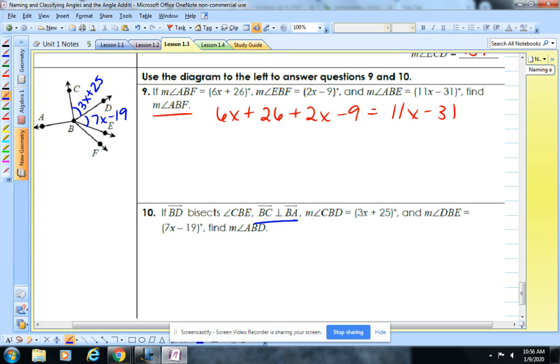Ray BC is perpendicular to ray BA. So that means this is a right angle. Is it not? Okay, so how can I end up getting the measure of angle ABD? This angle.